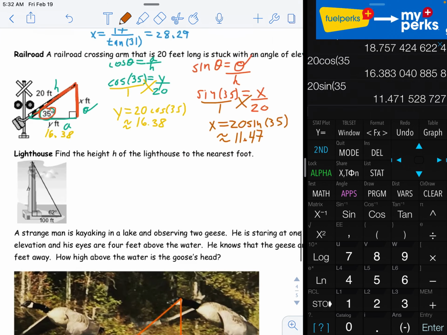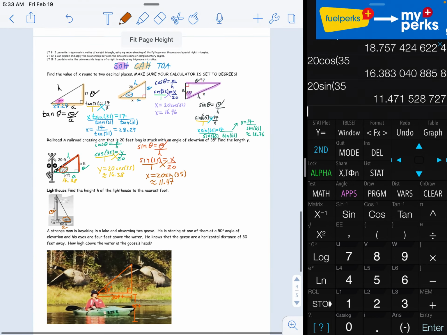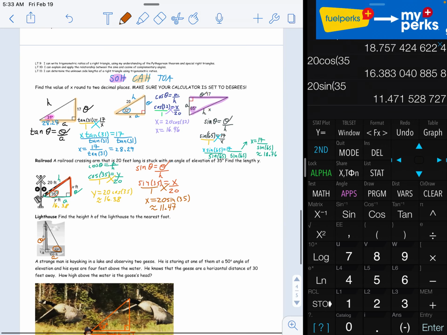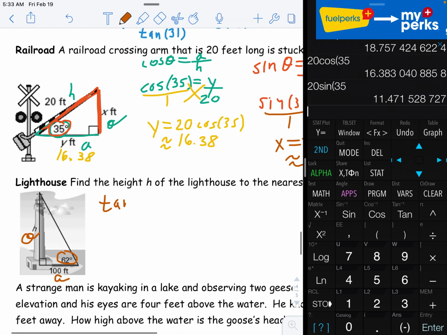Find the height of the lighthouse to the nearest foot. So again, boom, given that that's 62, we have the opposite side, we have the adjacent side, and SOHCAHTOA, which one uses opposite and adjacent? Opposite and adjacent would be tangent.